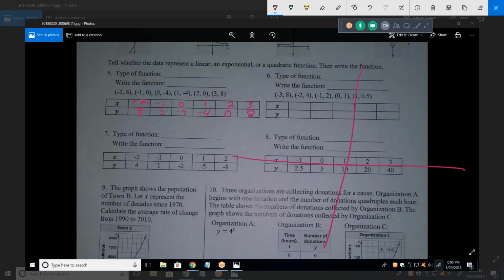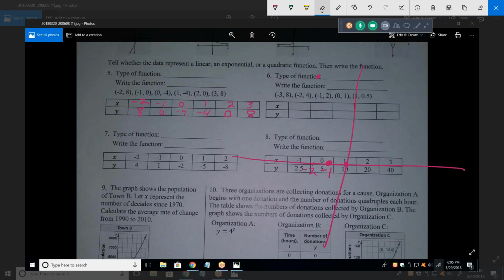If I plot some points, notice that the x goes up by 1 each time. So when x is, let's say, -2, y is 8. When x is -1, y is there.